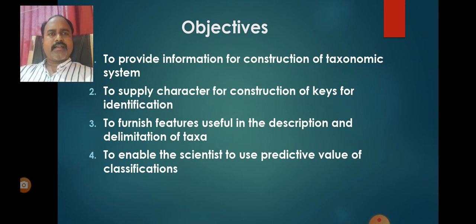There is another point, the weighing of characters, meaning which character we should give more weightage. That is the constant characteristics correlated with the flowers, not the vegetative parts. So the floral characters should be used in a description when delimiting a taxon.